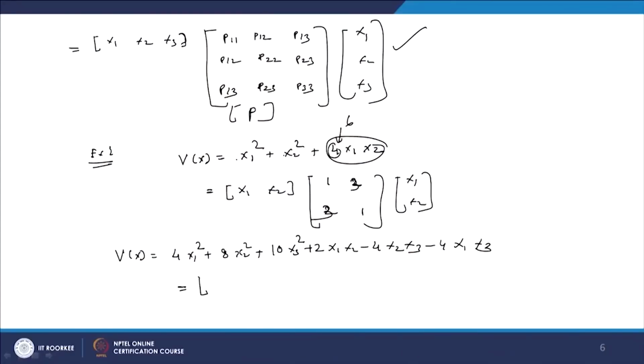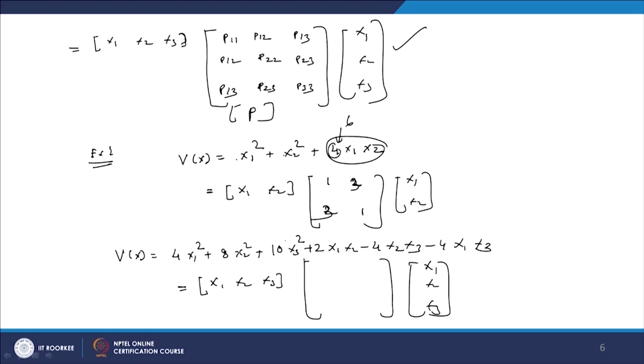So, P can be written here, that is x1 x2 x3, and now we have to write the P matrix, here x1 x2 x3. First of all we have to write the diagonal elements. Which are the diagonal elements? They are the square terms, x1 square, x2 square, x3 square.